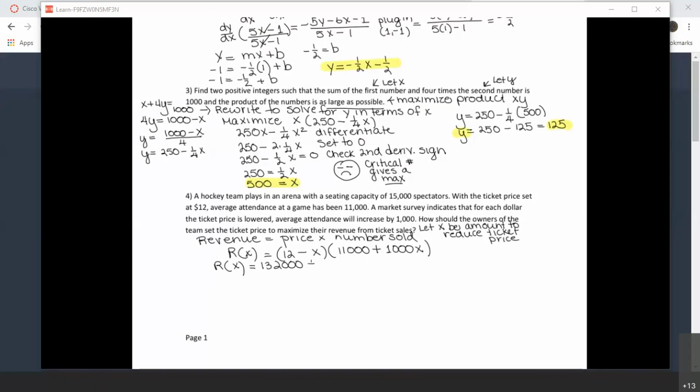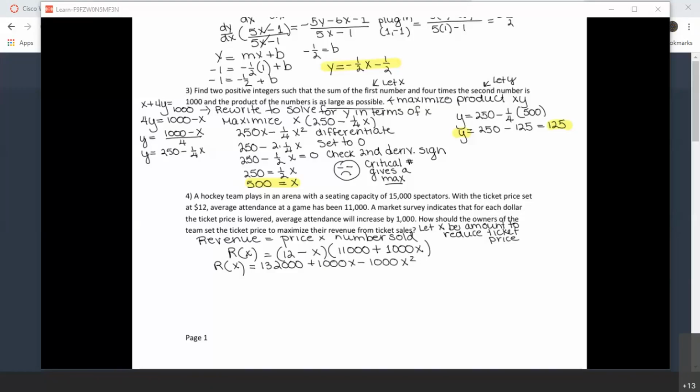That nets out to 1,000x. My last term, one's negative, one's positive. I have a negative x and then a positive 1,000x. That's going to be negative 1,000x squared, because again, I'm multiplying. All right, so that's my revenue polynomial.